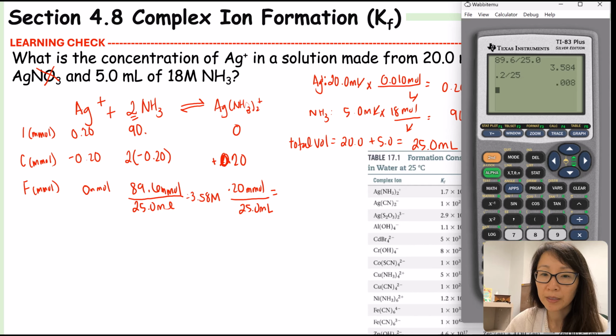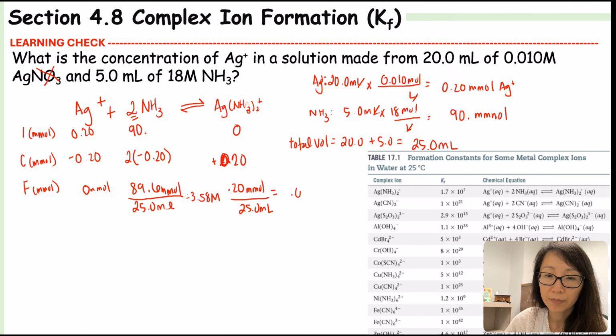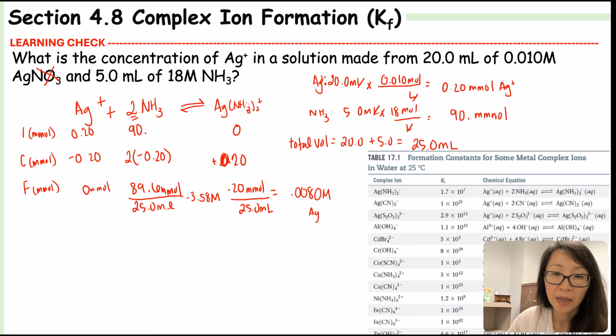It's 0.00800. Molarity of the AgNH3 2 plus, and this one would be for ammonia.